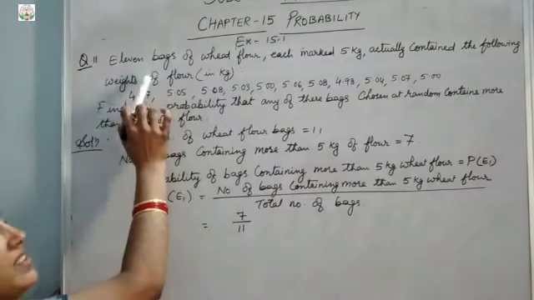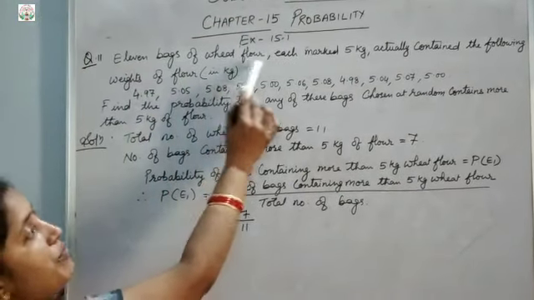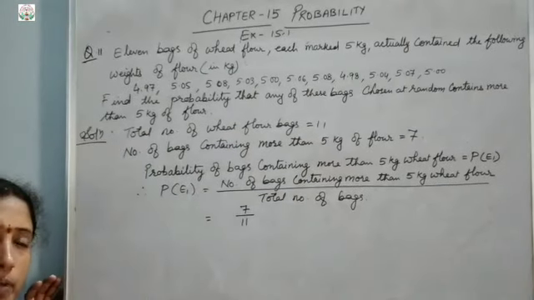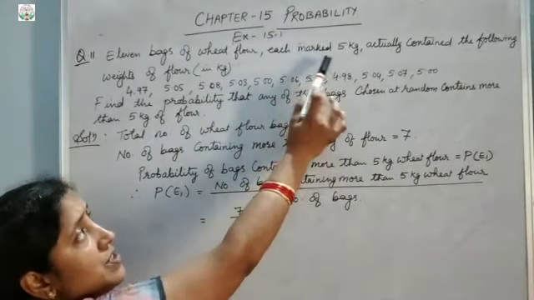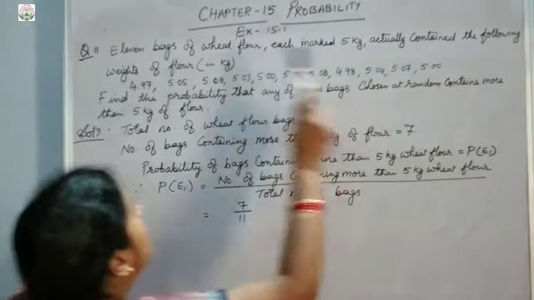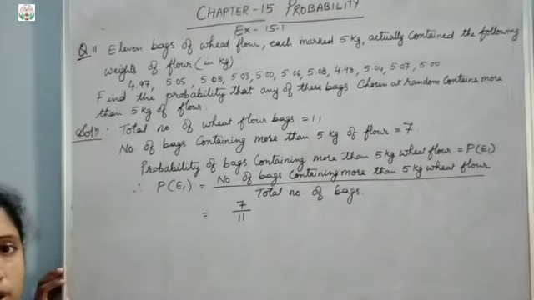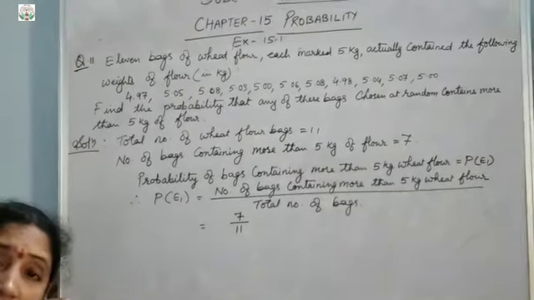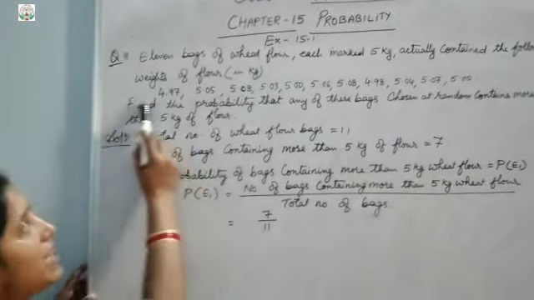Clear, children? Like this, 11 bags of wheat flour, each marked 5 kg, actually contain the following weights of flour. Marked as 5 kg, but the actual contents of each bag are given as follows.